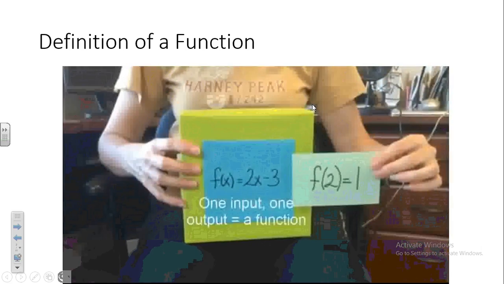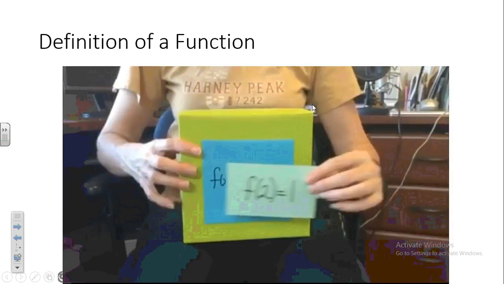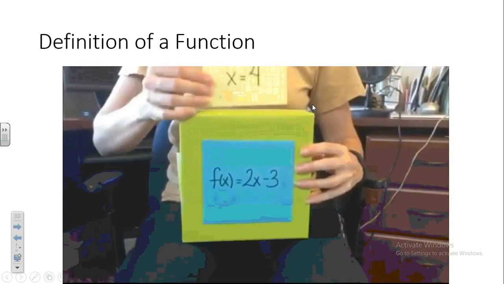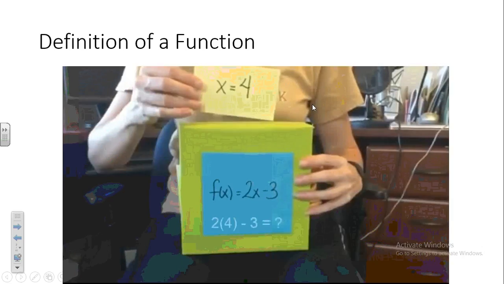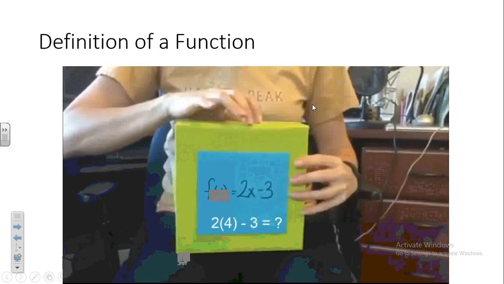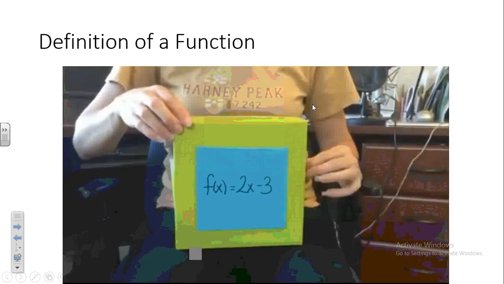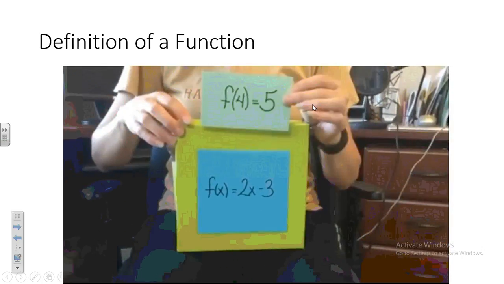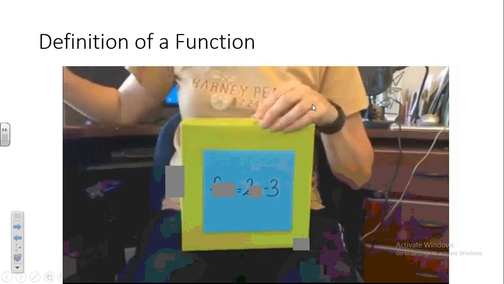Because when we place 2 in for x, 1 comes out. So we'll try another number. Let's put 4 in. When 4 goes in, what's going to come out? 5 makes sense. 1 input, 1 output, everything's good.